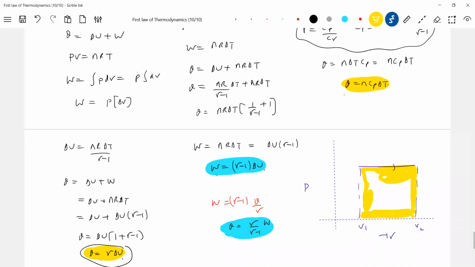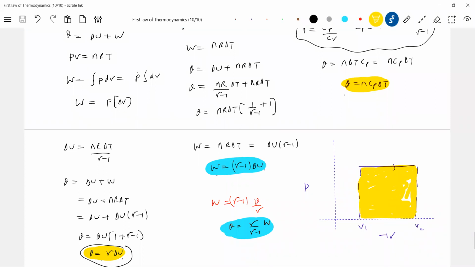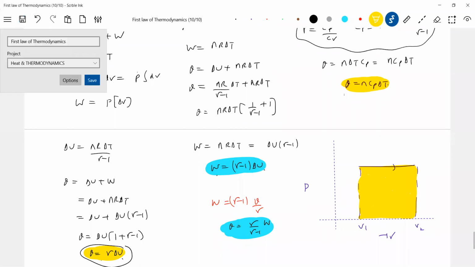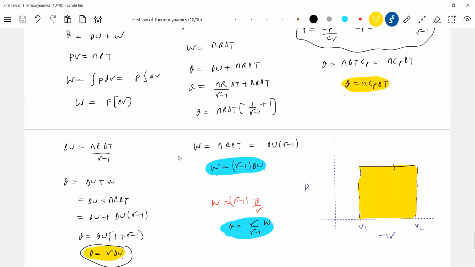So this is called isobaric expansion or isobaric heating. Pressure of gas will remain constant, will not change.